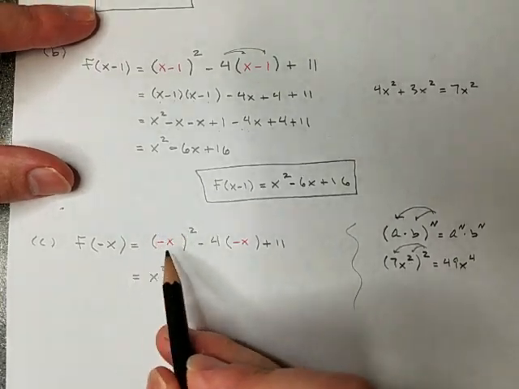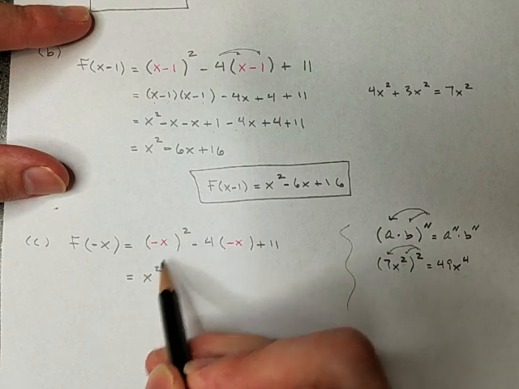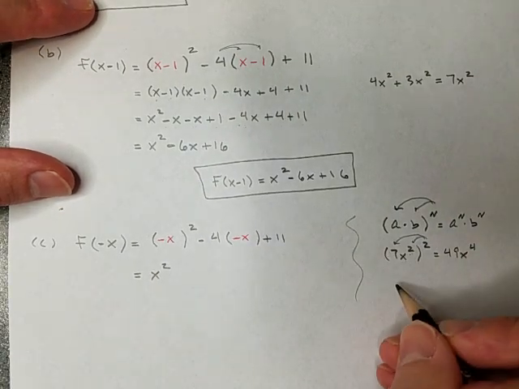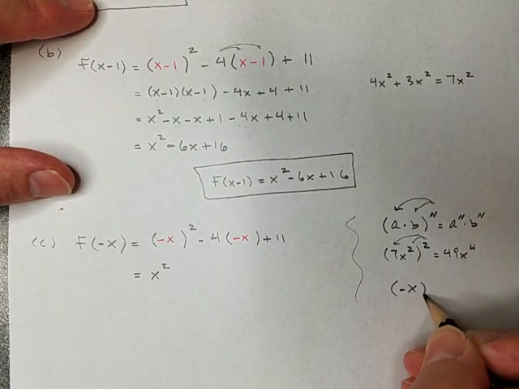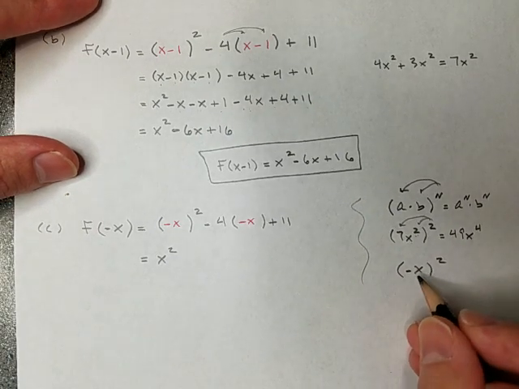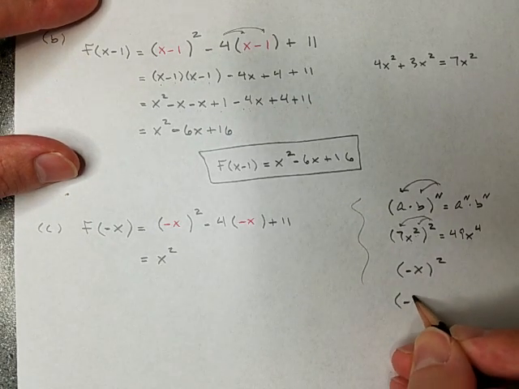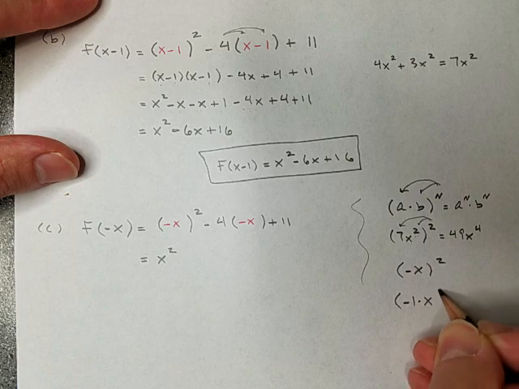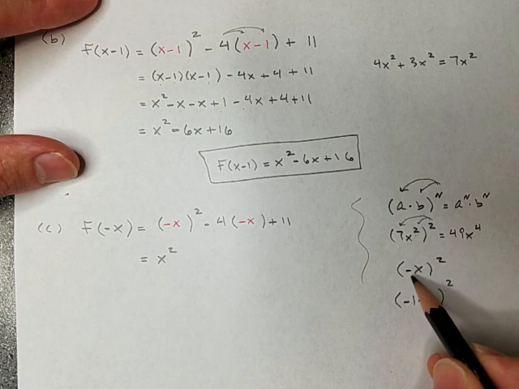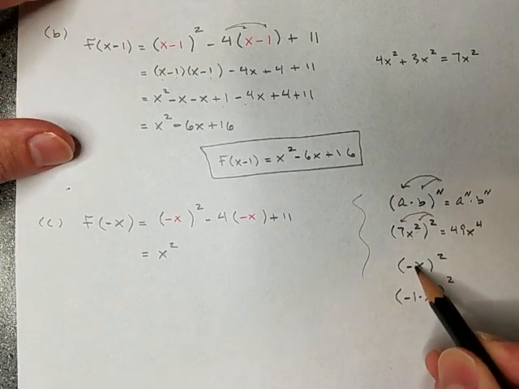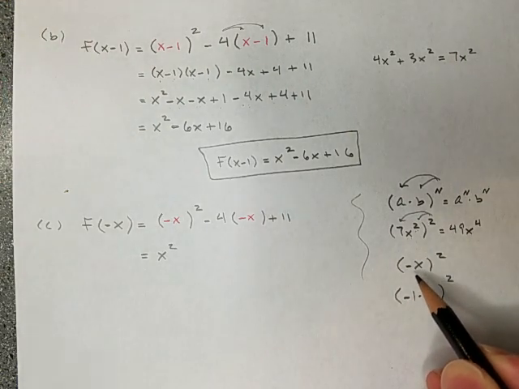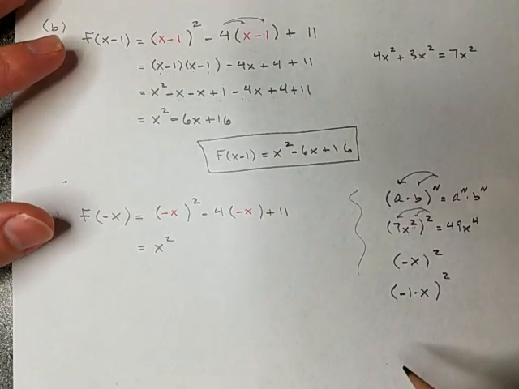Now, I was doing all this to explain why negative x squared is just x squared. Well, in negative x, there's actually two numbers there. There's negative 1 and it's times x, okay? That negative, that dash is not just a dash, it's a number, it's a negative 1.